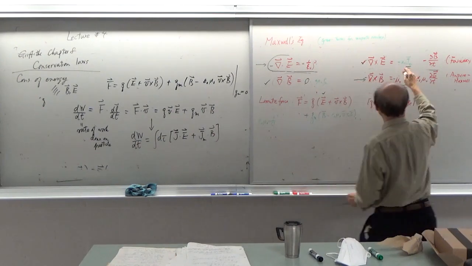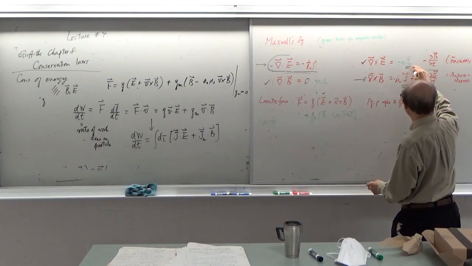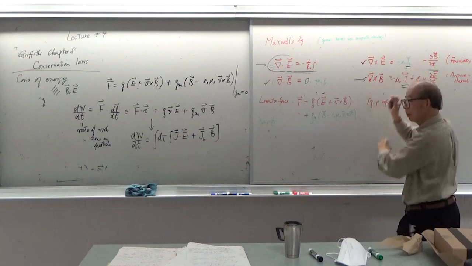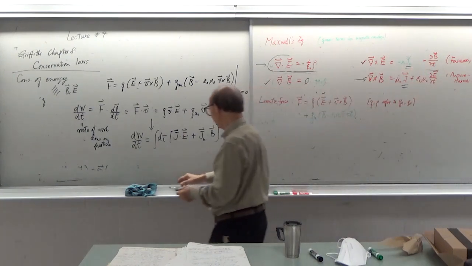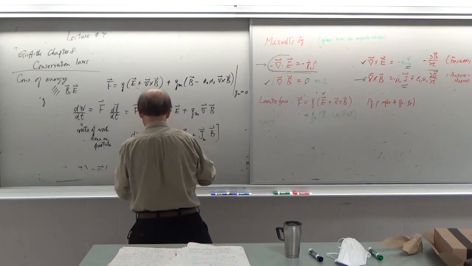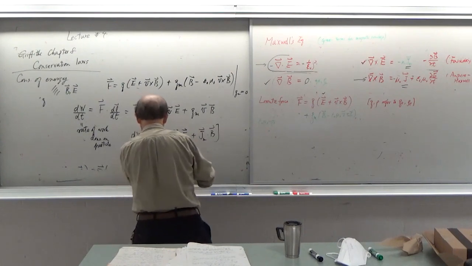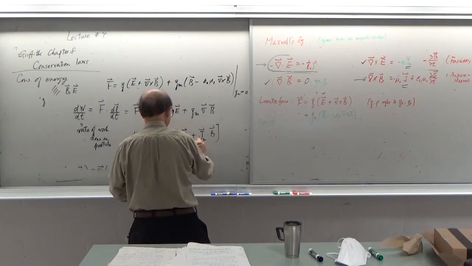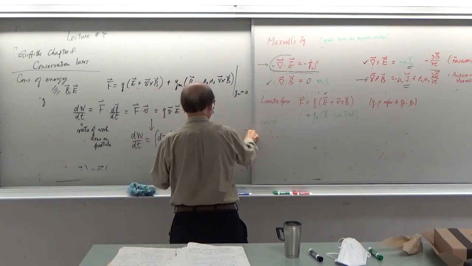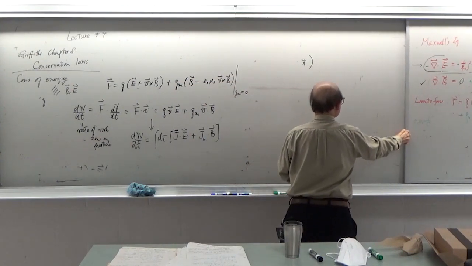So let me make use of these two equations to get rid of J and J sub M in terms of the fields E and B. Let me see how far I can go.